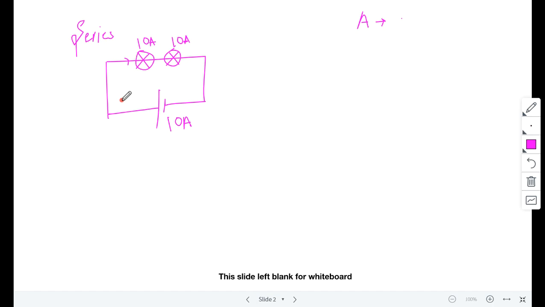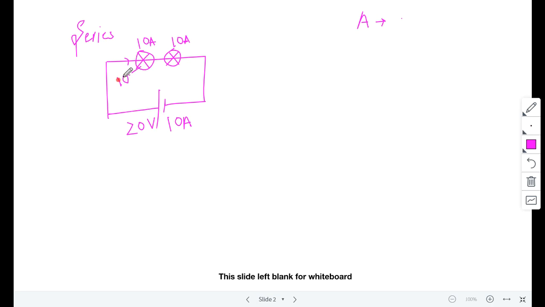And the voltage is the total voltage. Suppose the total potential difference is 20 volts. It's not necessarily always 10 volts each.